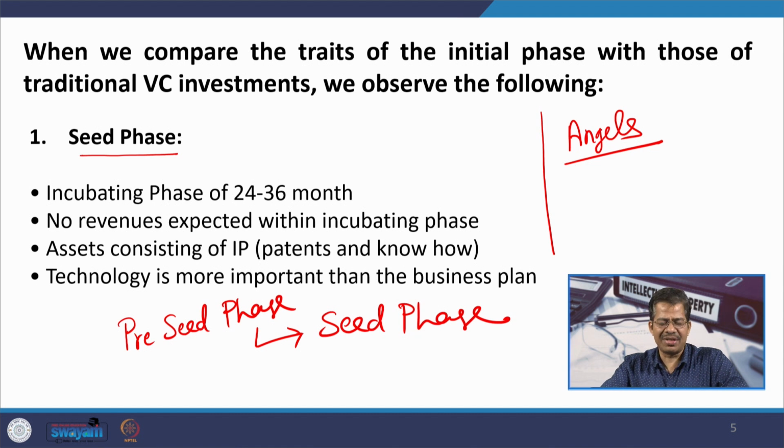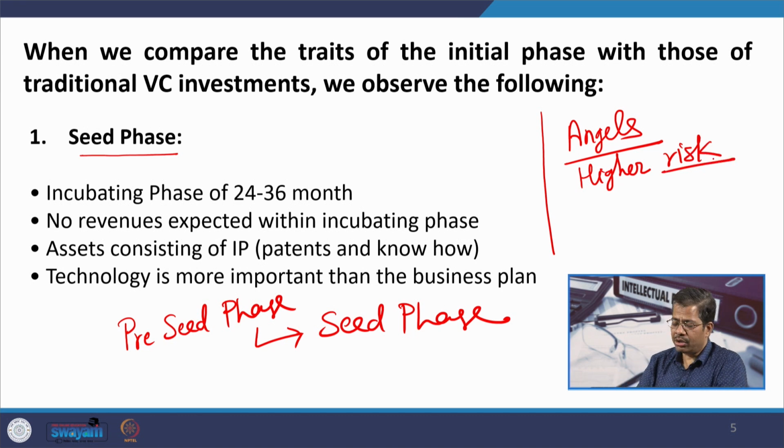Maybe once you become a successful company, your technology becomes mature, angels will ask for their share in that also, but they are ready to take higher risk. Because you do not have other investors at this time, you are absolutely in dire need of investments, and your clarity is also low. So, angels are there who are ready to help you, but taking slightly higher risk.